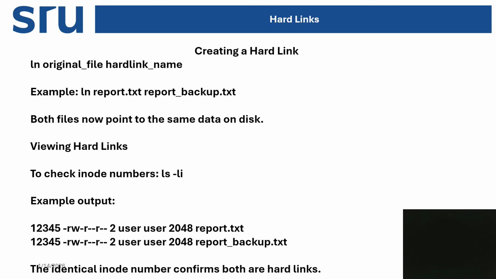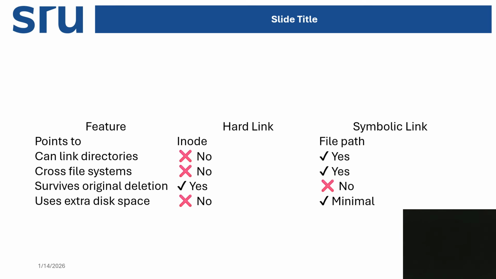In that output you can check 2048. 2048 is the inode number of those files. So the identical inode number confirms both are hard links only. That is the indication: some original file is there and some hard link is there. That hard link and original file point to the same inode number. It indicates both are hard links.